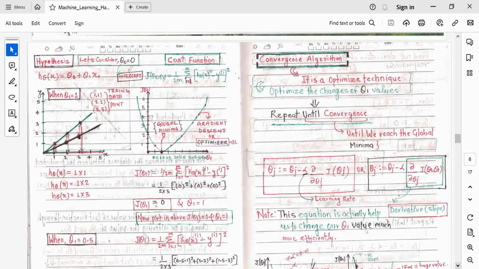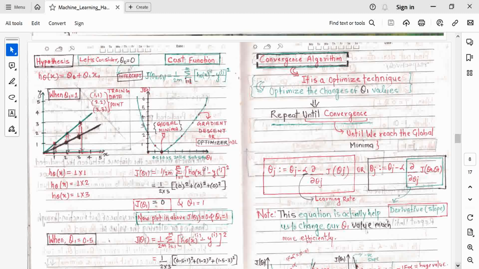When theta 1 equal to 1, this is the training data. We have to put some data over here and predict some values: 1, 1, 2, 2, 3, 3.